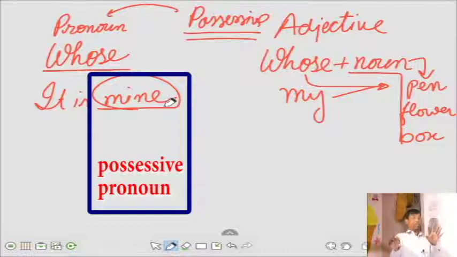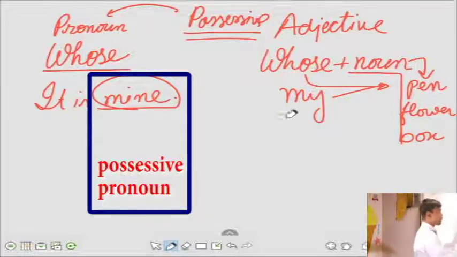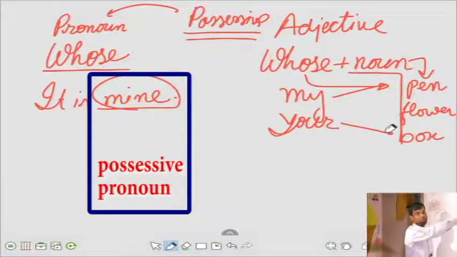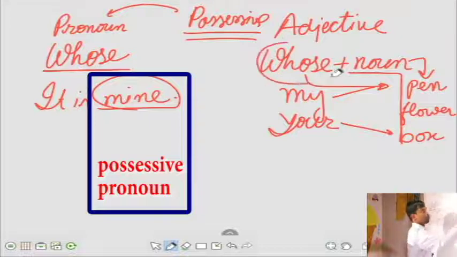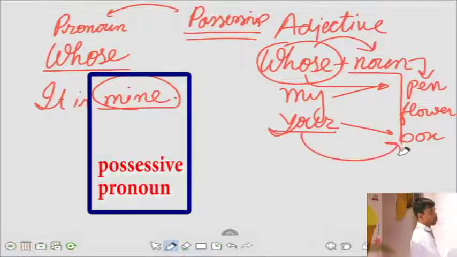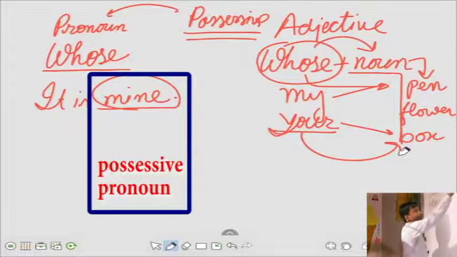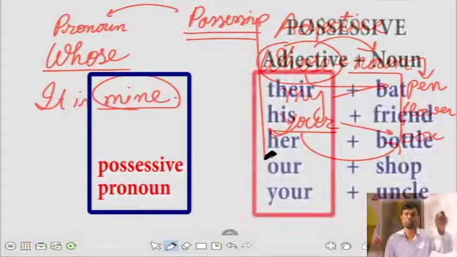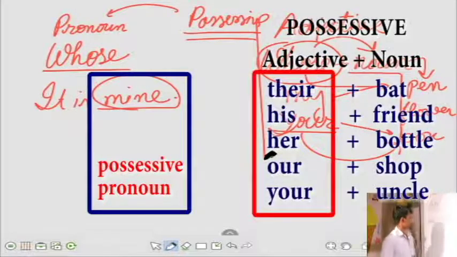Not my pen, your pen. Your box. Whose box? So, whose plus noun: your box. So, adjective, possessive adjective. That much, so simple.